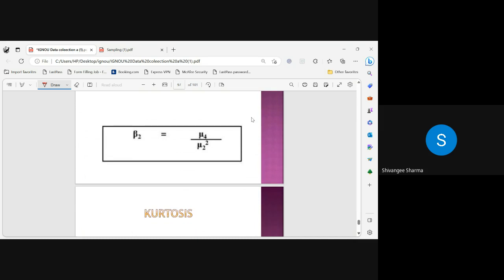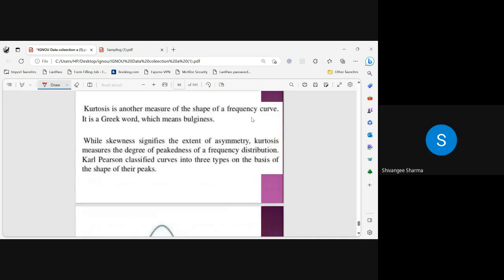Now just understand what kurtosis is. Kurtosis is another measure of the shape of the frequency curve. While skewness defines the asymmetry, kurtosis defines the peak. How peaked will your data set be, right?